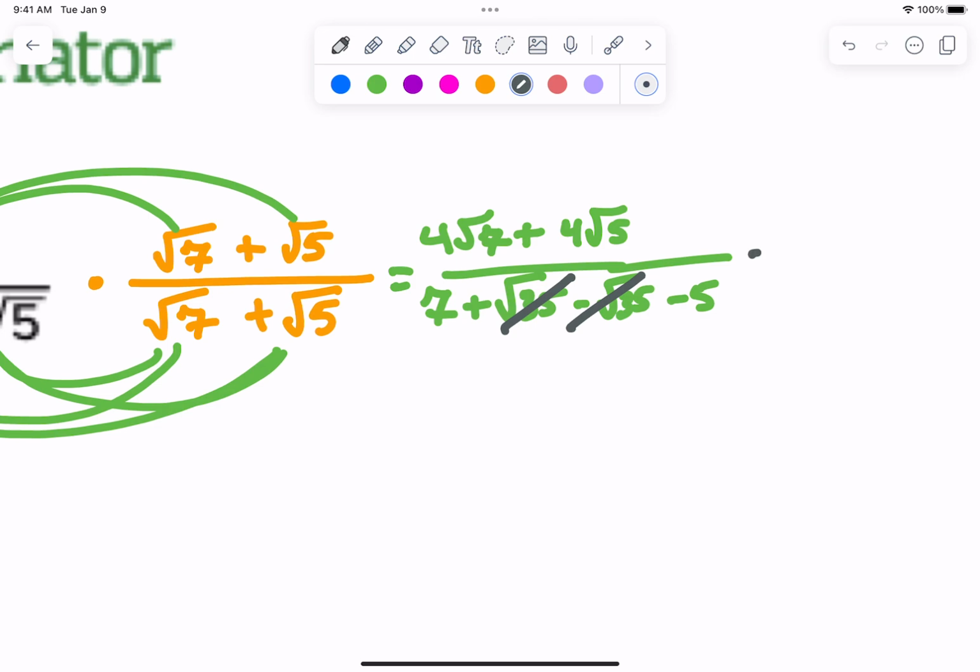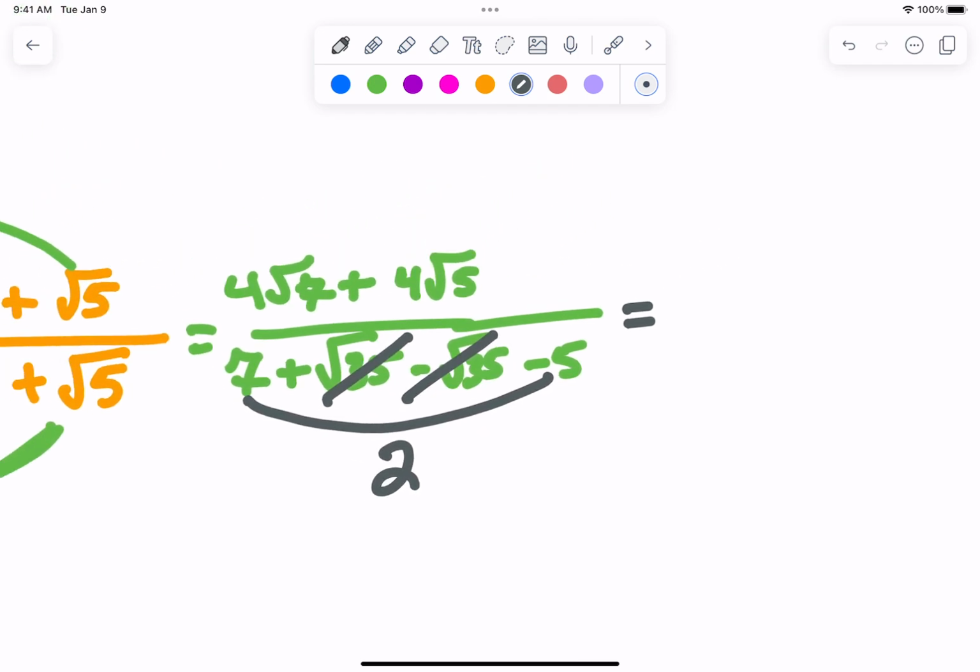So on the top, we have 4 square roots of 7 plus 4 square roots of 5. What's 7 minus 5? 2. Is he done? Yeah. No. What? You just have to cancel it out, right? On the top, can something come out of the top? I can pull a 2 out, or I can just reduce everything by 2.